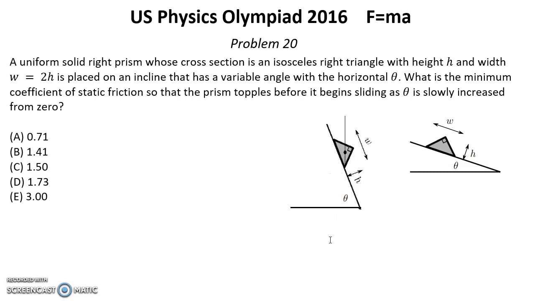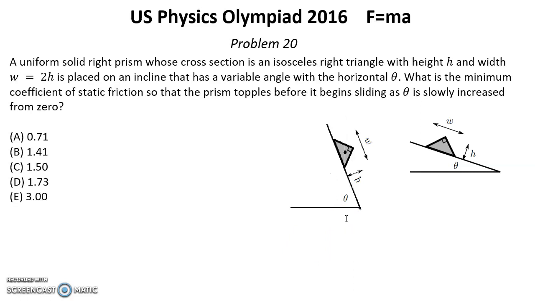From geometry we can say that this center of mass stays at a height of 1/3 h from the base. So it means that the tangent of this angle between the vertical and the base of the prism must be equal to 1/3. It means that tangent theta equals 3.